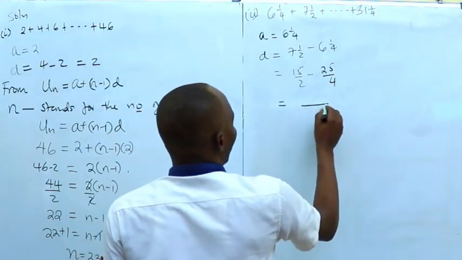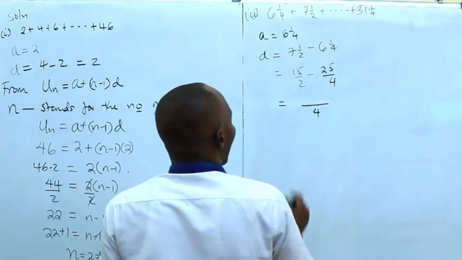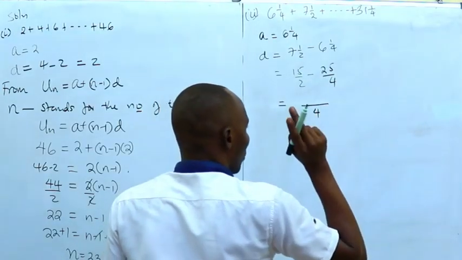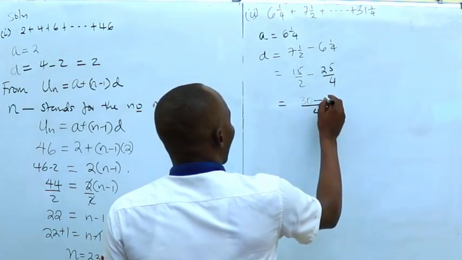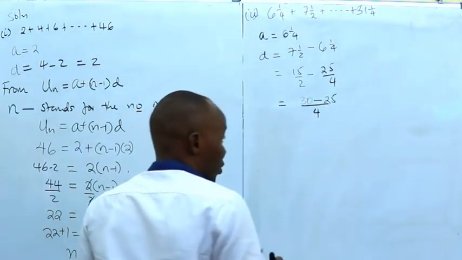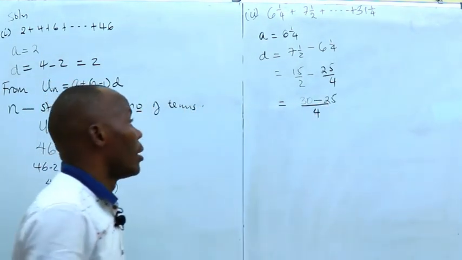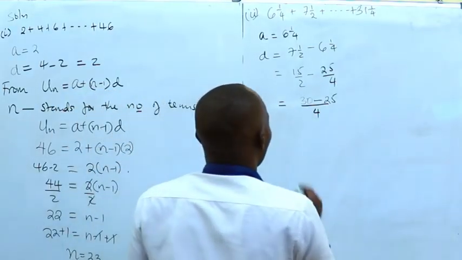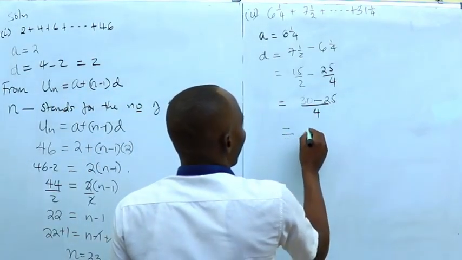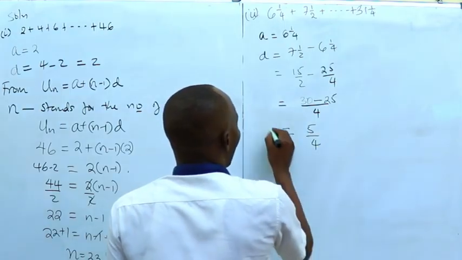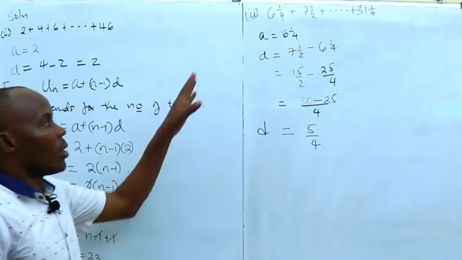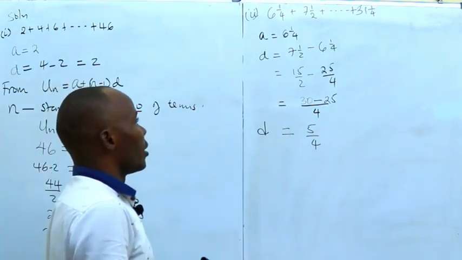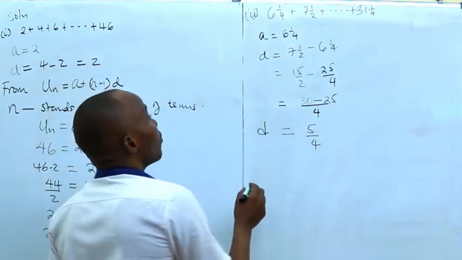So the LCM is 4. 2 goes in 4, 2 times 15, that one will give you 30. 30 minus 25, 4 goes in 4 once, times 25 you will get 25. So this is 5 by 4. That is our common what? Our common difference.